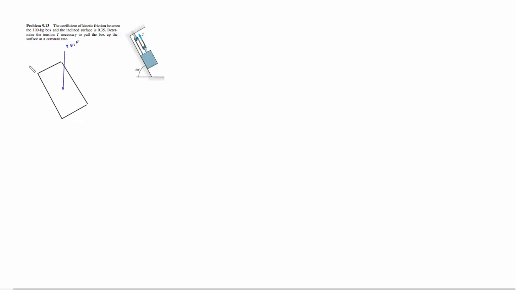Now it's going to be pulling up, so we have this tension that's pulling up on here, and we have this angle here at 60 degrees. We have our normal force, and again our friction is going to be acting down in this case because the box is moving up.